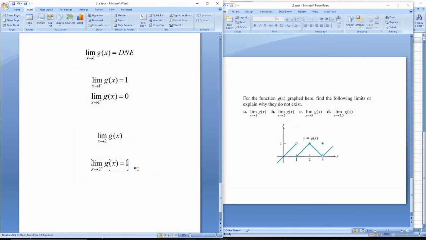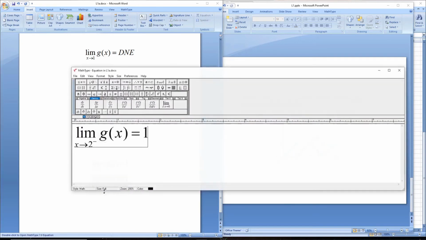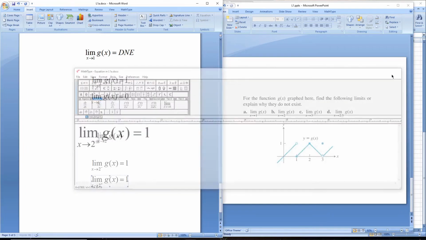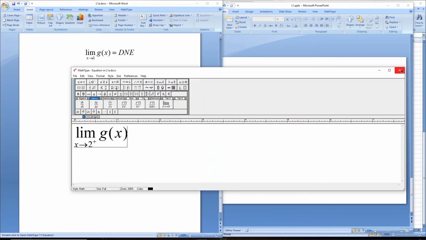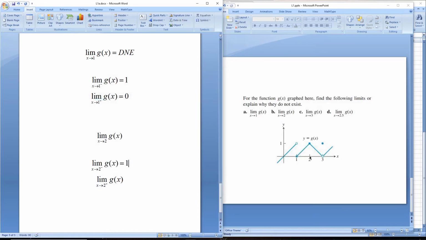So let's check out the right-sided limit. So now instead of the minus, we got the plus to indicate coming from the right. And I don't know what that equals yet. So we're going to approach 2 from the right, which means we're on this piece right here. And again, imagine you're a little person walking along. As you get closer and closer to an input of 2, you find you're at a height of 1.